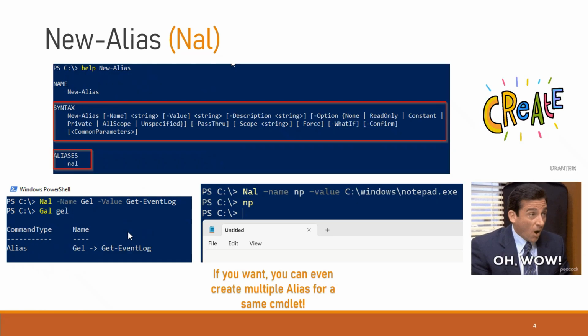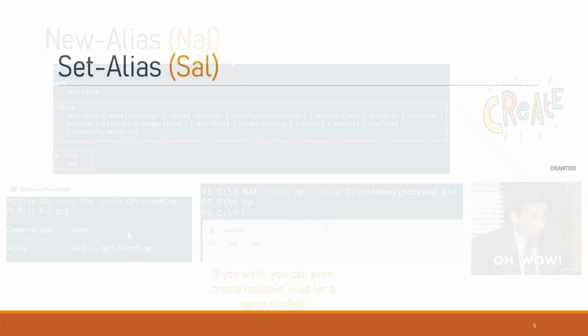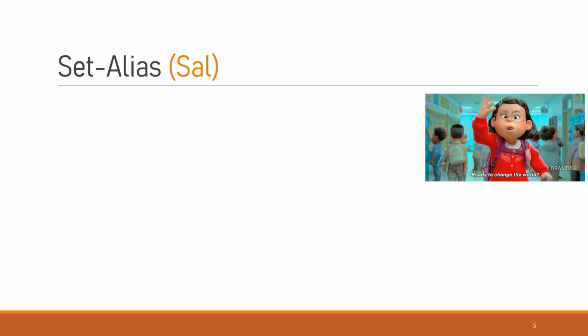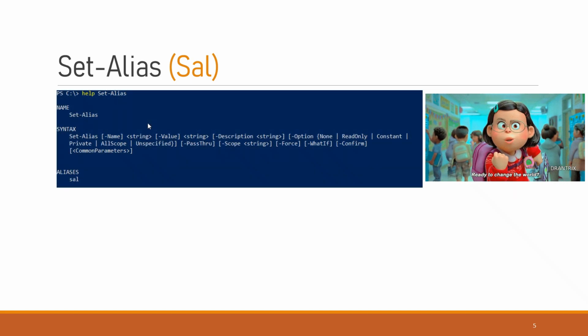So let's get back to our slide, and the next one is going to be Set-Alias, and the alias name for Set-Alias is going to be sal. So are you ready to change the world? Okay, if you're not ready to change the world, we can change the alias name for existing commandlets too. So help Set-Alias, and you can see the alias name here as sal, and this is the syntax.